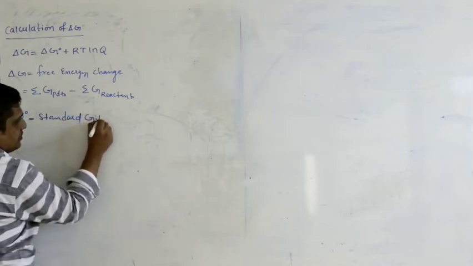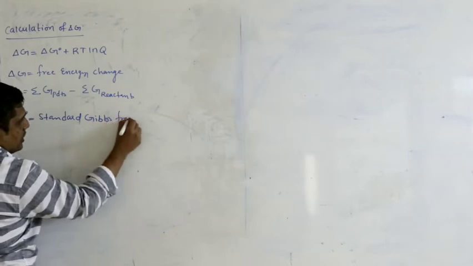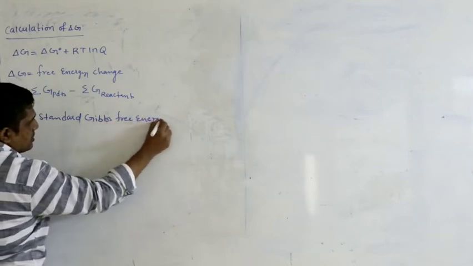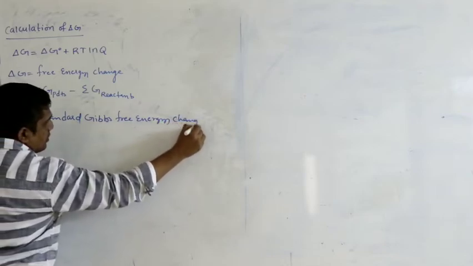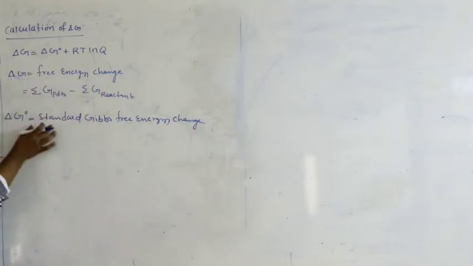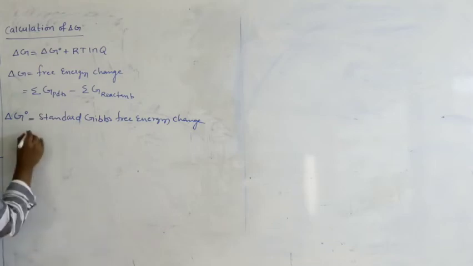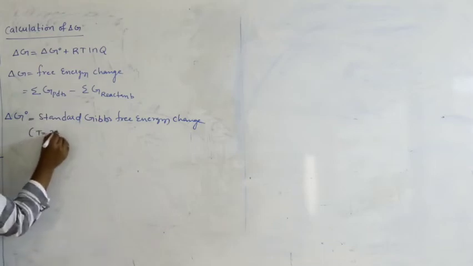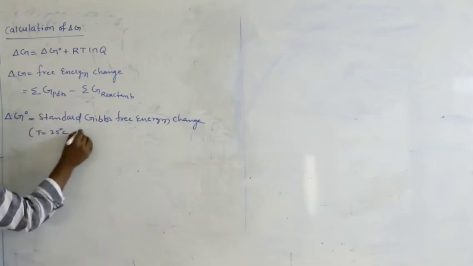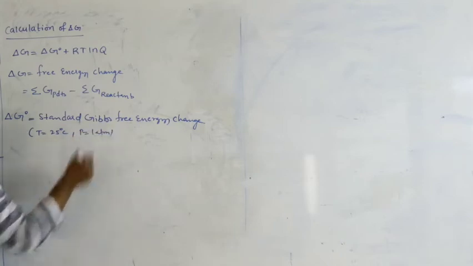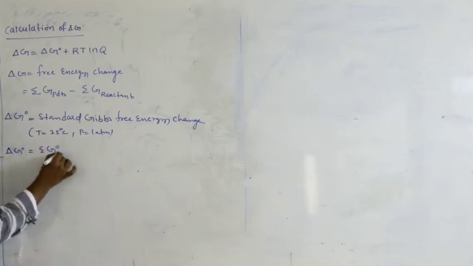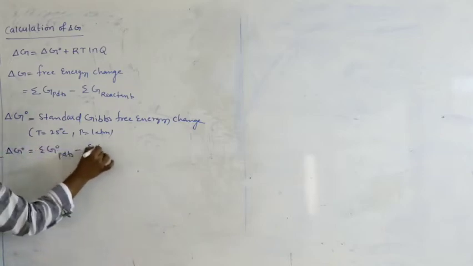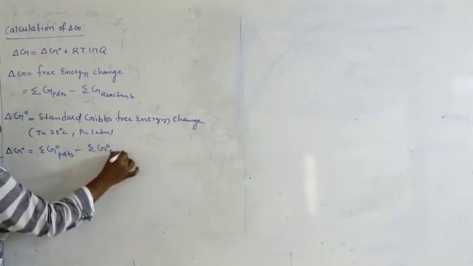Standard conditions are: temperature 25 degrees Celsius, not 0 degrees Celsius, and pressure usually 1 atmosphere. So delta G naught also carries the same thing: the sum of standard free energy of products minus the sum of standard free energy of reactants.